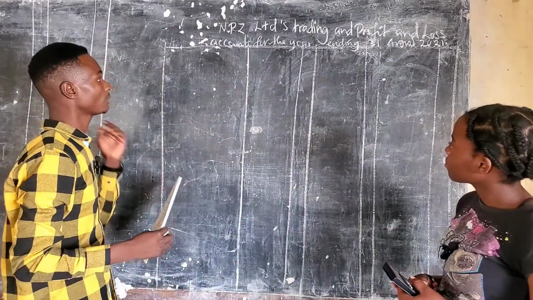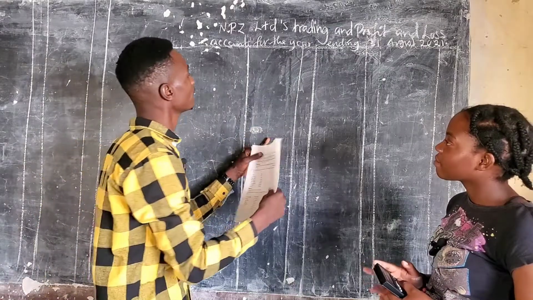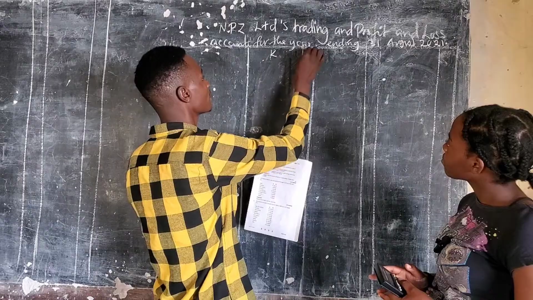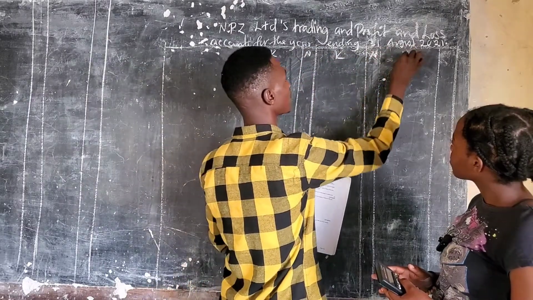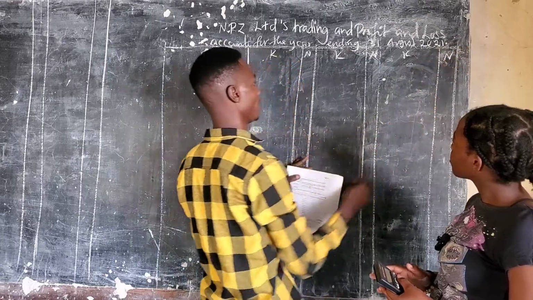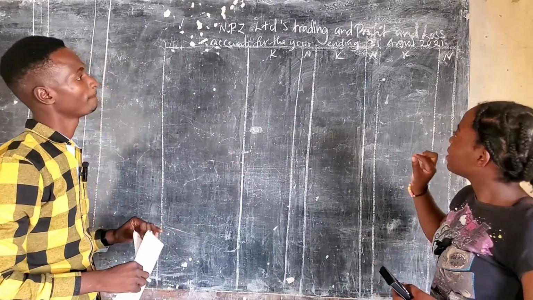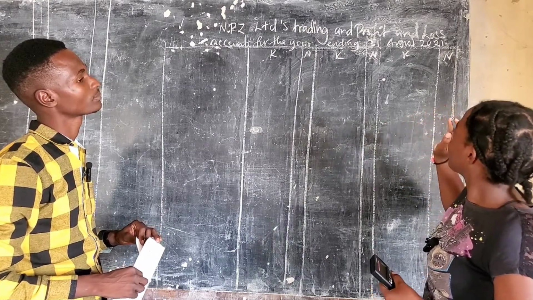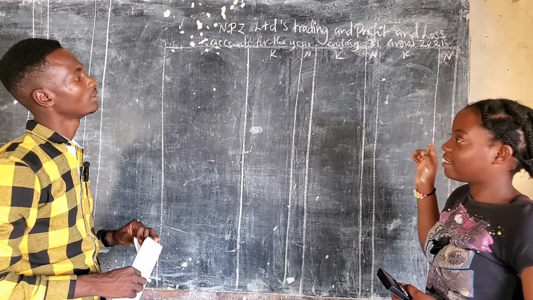Now, the first column here will be for items. This one will be for adjustments or calculations. This is for Kwacha and Ngwe.